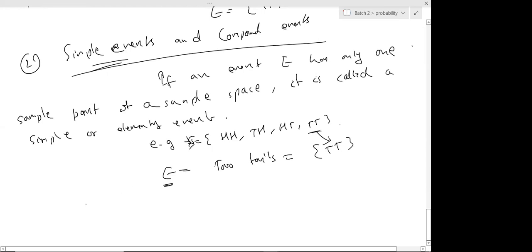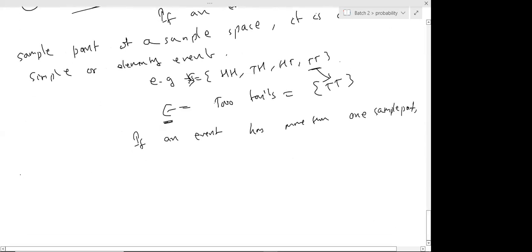So what will be a compound event? Compound event is, if an event has more than one sample point, it is called a compound event, right?